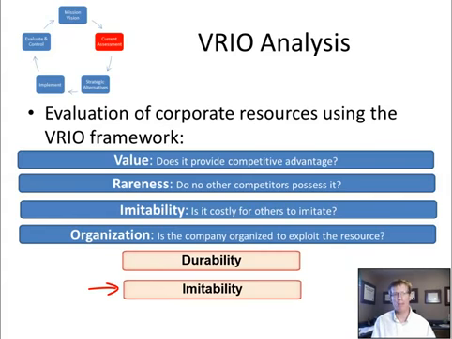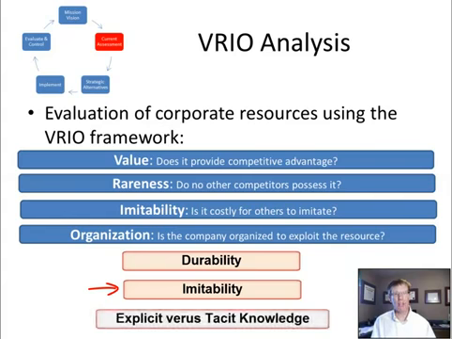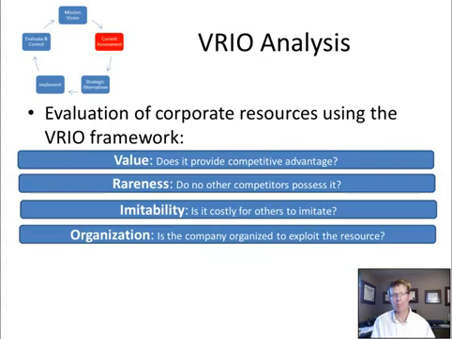A distinctive competence can be imitated if it's transparent, transferable, or replicable. Explicit knowledge, which is knowledge that can be easily understood, is easy to imitate, whereas tacit knowledge is not easily copied because it is deeply rooted in the employee experience or corporate culture.